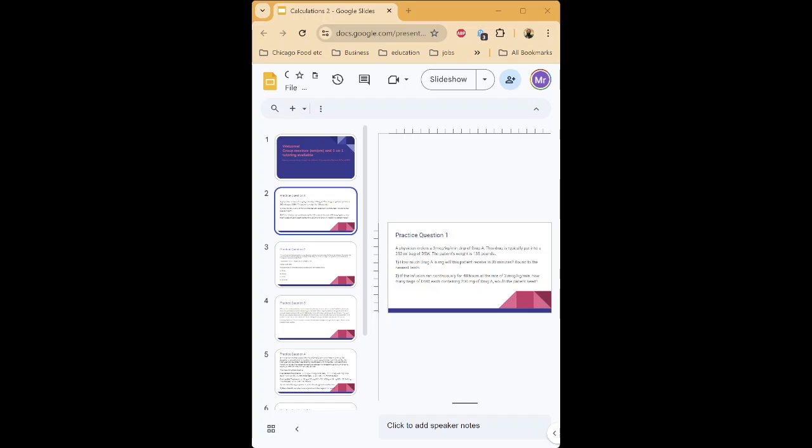And now the question is asking how much drug in milligrams will this patient receive in 30 minutes? So we'll take 184.2 micrograms per minute and multiply this times 30 minutes. And this will give us 5,526 micrograms.